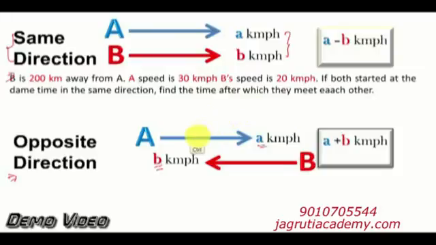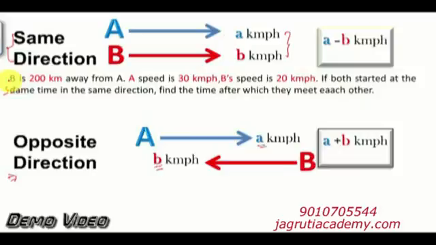Let's take an example to understand it better. B is 200 kilometer away from A. A's speed is 30 kilometer per hour and B's speed is 20 kilometer per hour. If both started at the same time in the same direction, find the time after which they meet each other.